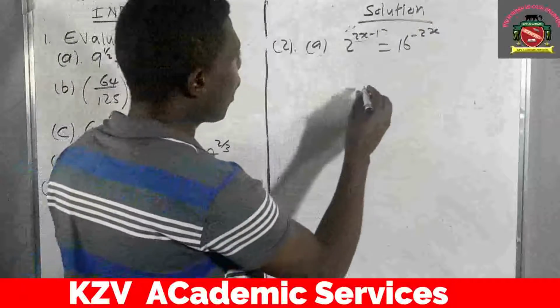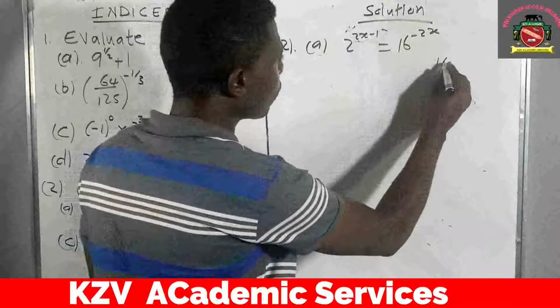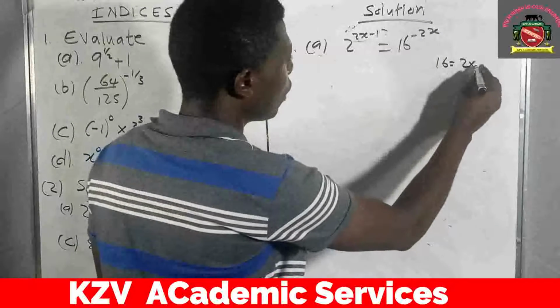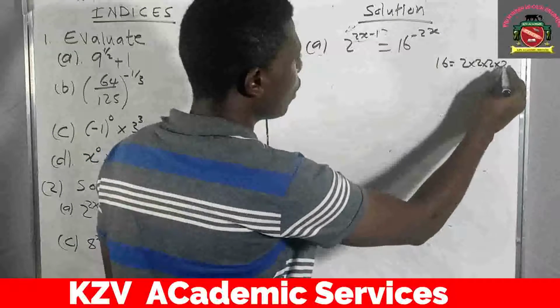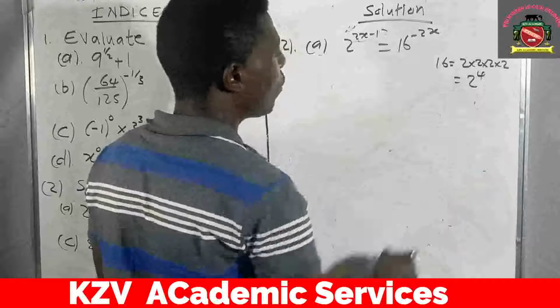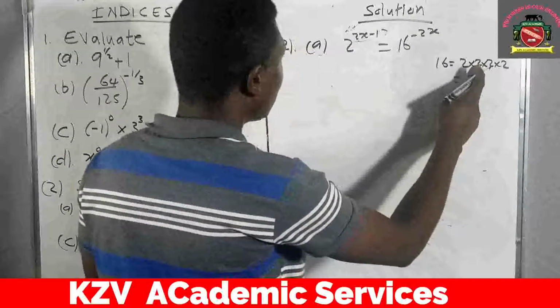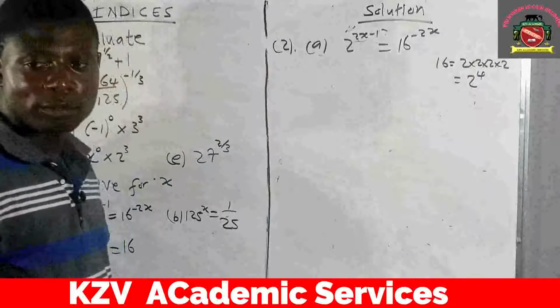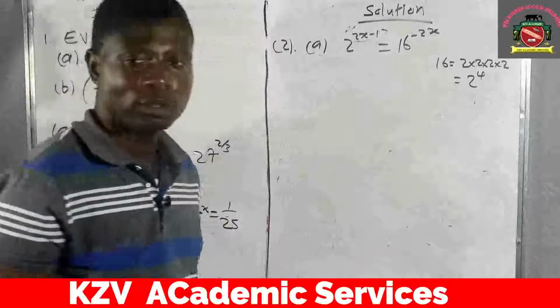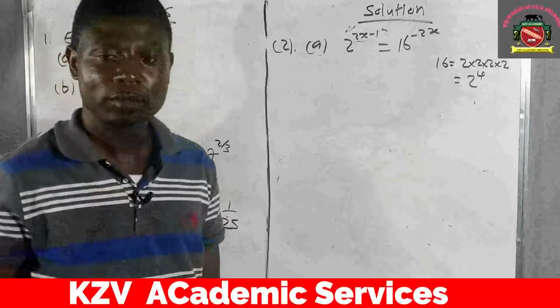So in our case here, 16 is the same as saying 2 times 2 times 2 times 2, implying that we have 2 to the power 4. Mike, what is 2 times 2? 4. Yes. 4 times 2, 8 times 2. Yes, 16.